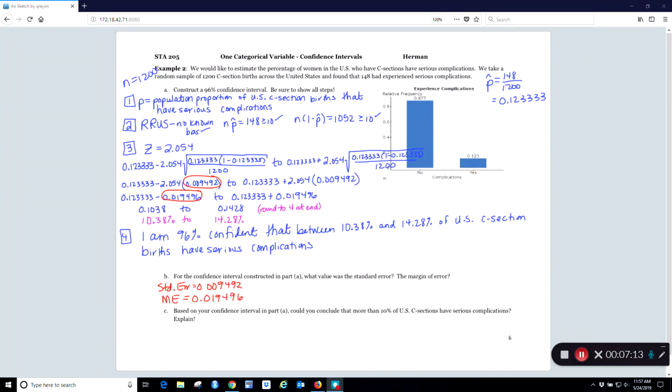Well, yes, so my answer here will also be yes, because my entire interval is above 10%. Again, even if just a little part of that interval was not above 10%, then my answer would have to be no.